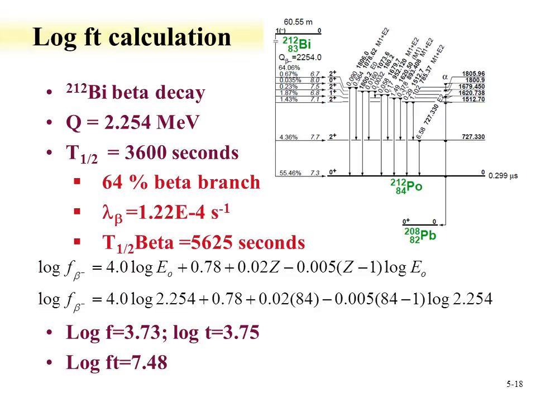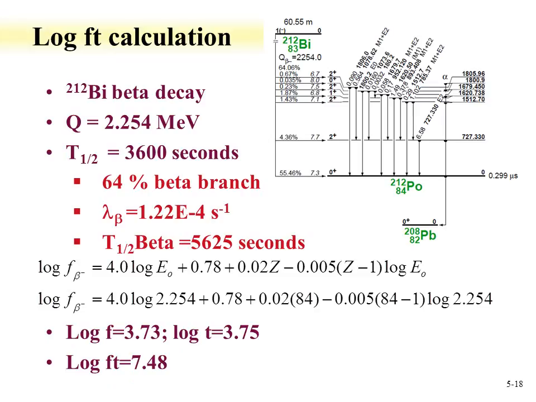Remember that this is a 46% beta branch, so we use one of the equations that we discussed earlier. If I use my equation for the log F beta minus, I have this equation. I plug in my half-life. I plug in my Q value. I get my log F is 3.37. My log T is 3.75. I get a log Ft value of about 7.5.